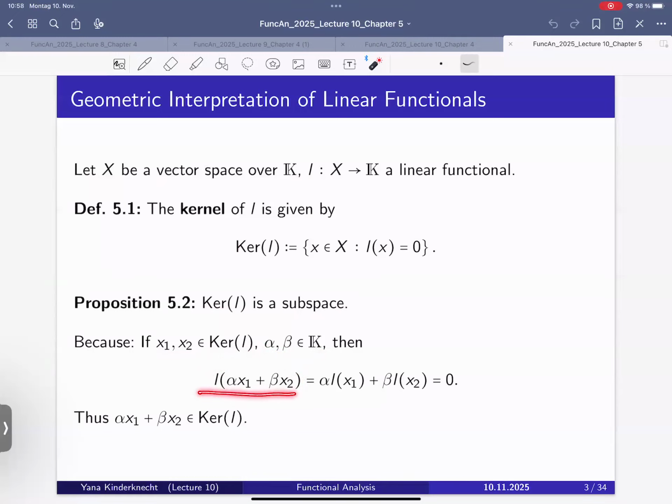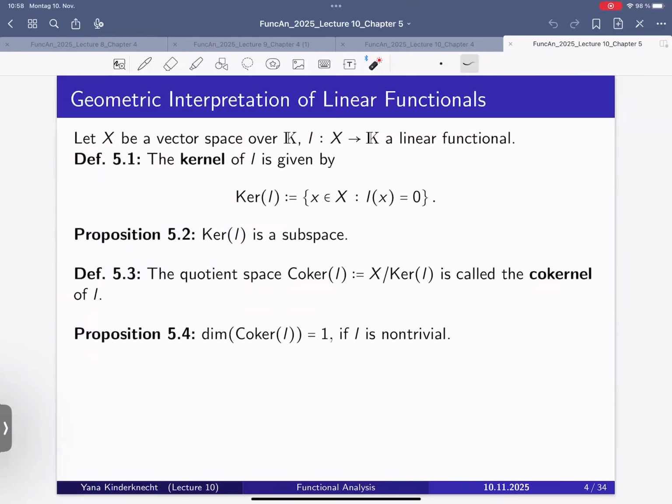Now we use the linearity of L, and now we use that L of each of these points is equal to 0 since we have this assumption. Hence, the linear combination of such elements also belongs to this set, and this is a linear space.